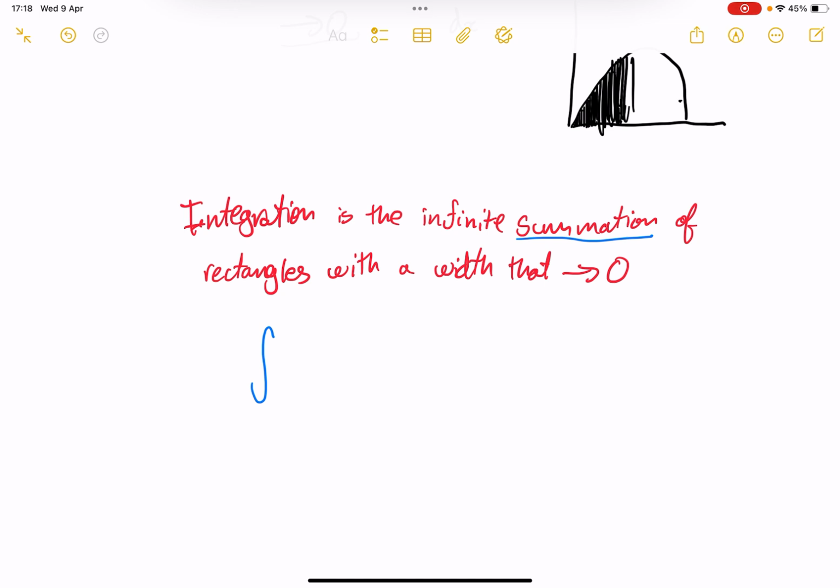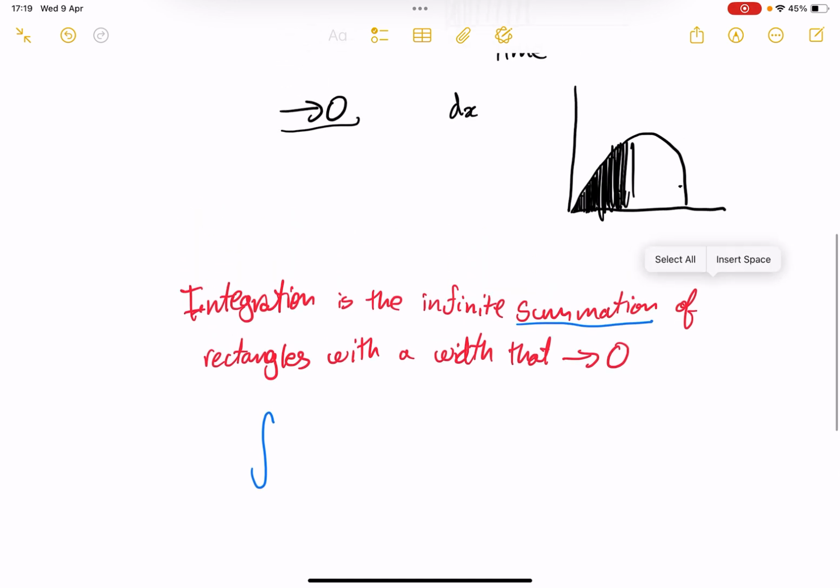And now, when we have these rectangles, firstly, how might we find the area of a rectangle? Well, of course we know it's the width times the height.